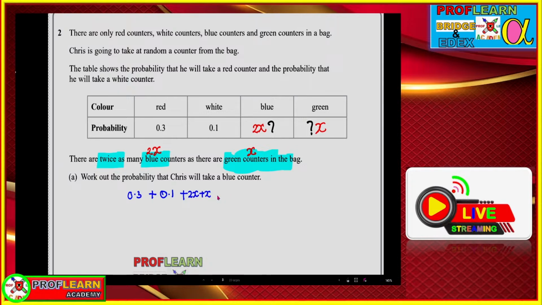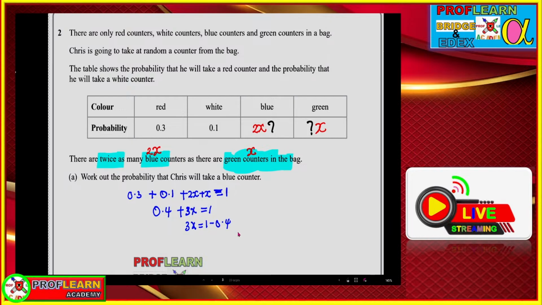This should add up to a total of 1. So this is going to be 0.4 plus 3x equals 1. If we take 0.4 to the other side, we shall remain with 3x equals 1 minus 0.4.